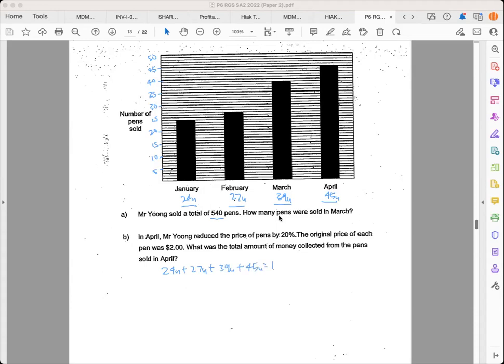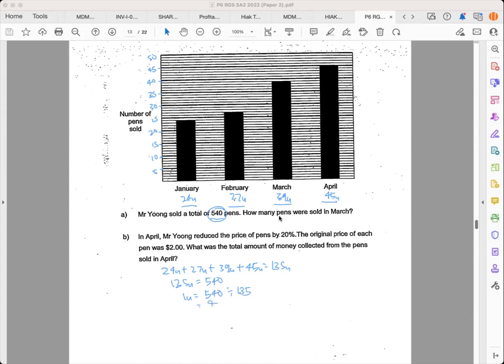That is 135U. So 135U will be equal to 540. For 1 unit, 540 divided by 135. So the value of 1 unit is 4.